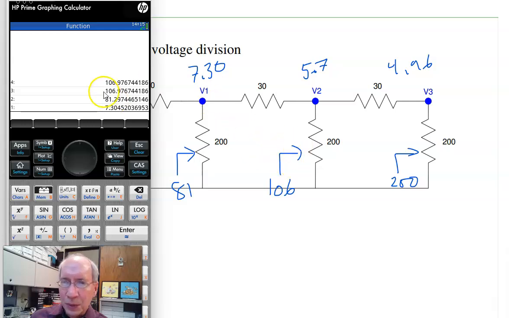Now take the next one, the 106. Enter, enter, plus 30, plus slash. That percentage of 7.3, 5.7 volts. And then take 200. Enter, enter, 30, plus slash. That percentage of 5.7, 4.9 volts.